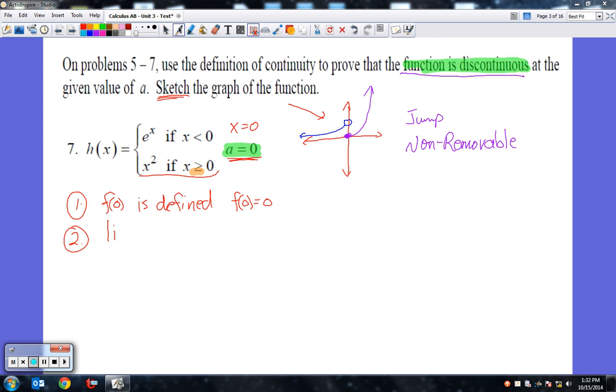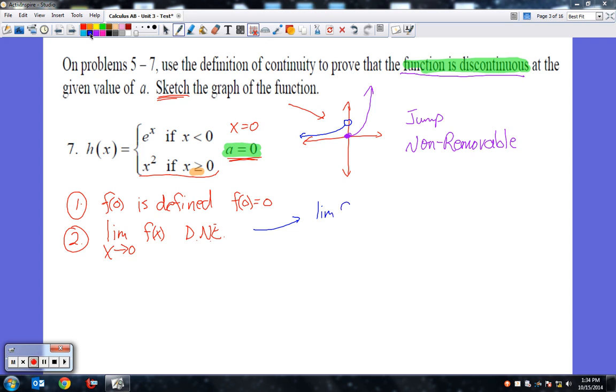So if I say the limit of f of x as x is approaching 0, it does not exist. We're proving that it does not exist by the fact that the two one-sided limits do not equal each other. That is the difference compared to 5 and 6, is that we know the limit does not exist, and we're just going to quickly show how the left and right-sided limits don't equal each other. This is showing that proof.